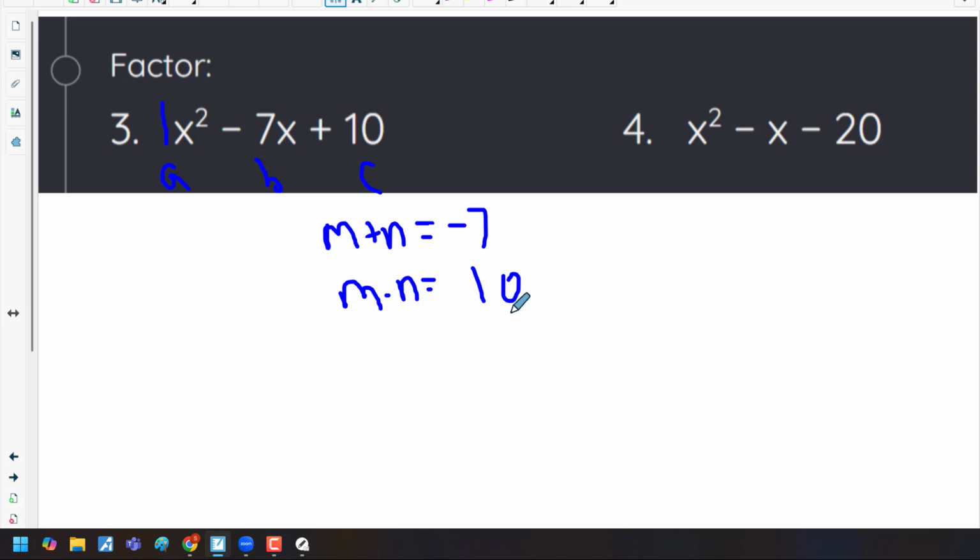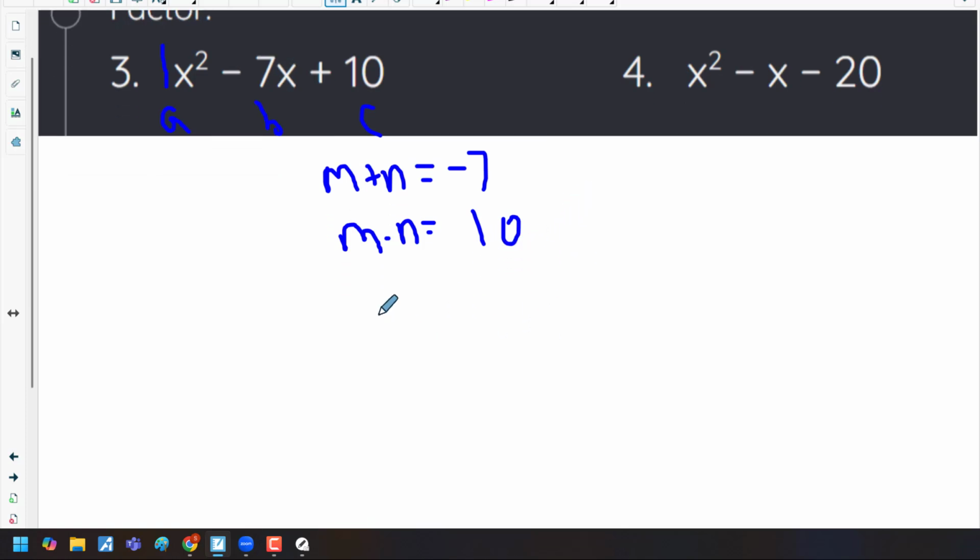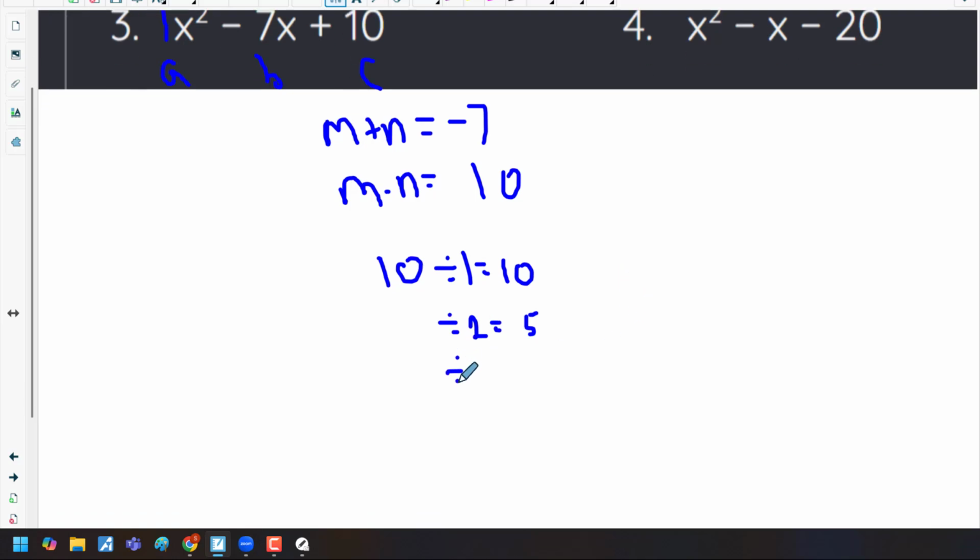So we look at our product here, which is 10, and we do 10 divided by 1, which is 10. 10 divided by 2, which is 5. Now we do divided by 3. And notice that 10 divided by 3 is not a whole number, it's a decimal. So we skip it. We don't care.